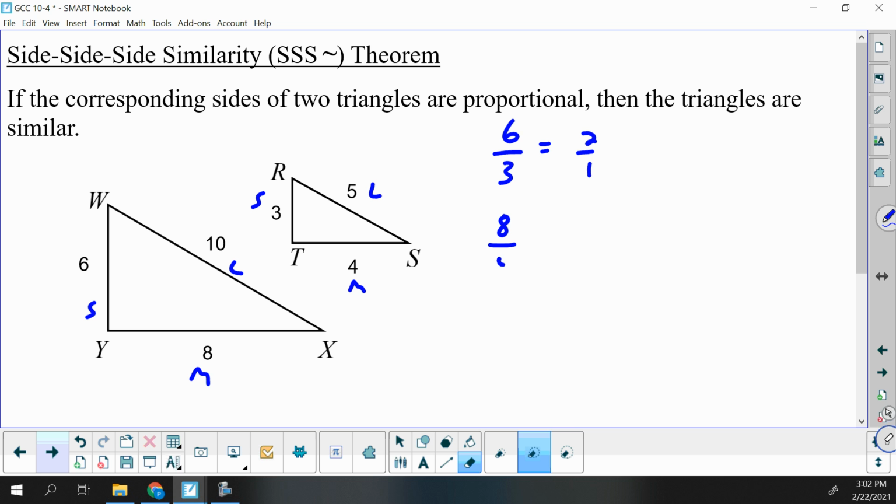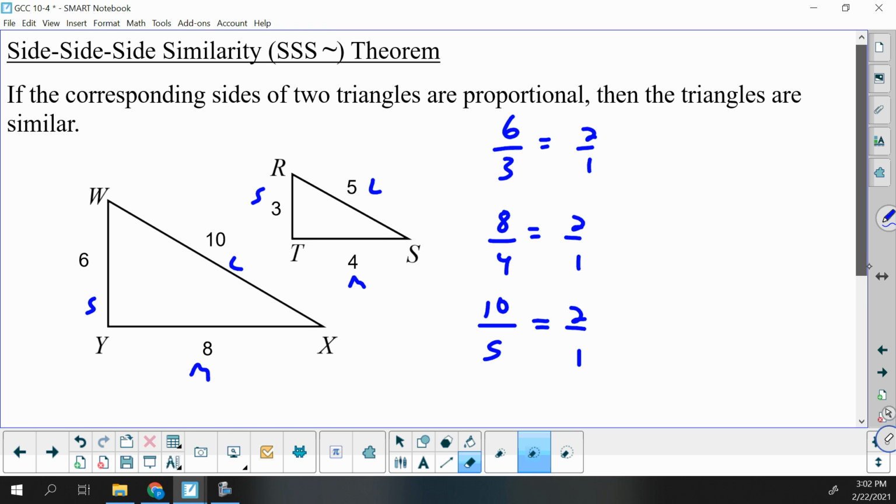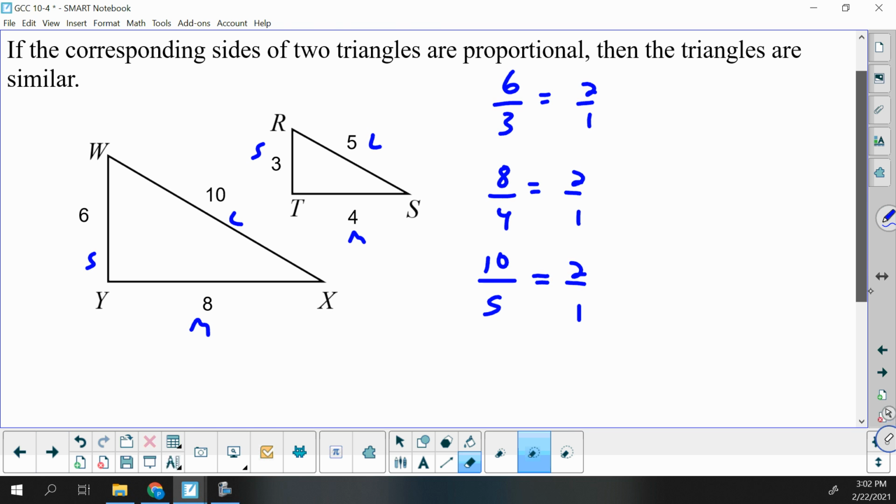So we're going to do 8 over 4. That also reduces to 2 over 1. And then do our large and our large. So we'll do 10 over 5. That also reduces, if you divide by 5, to 2 over 1. Notice they all had the same ratio. So we would say these are similar by side-side-side similarity because all 3 sets of sides are proportional.